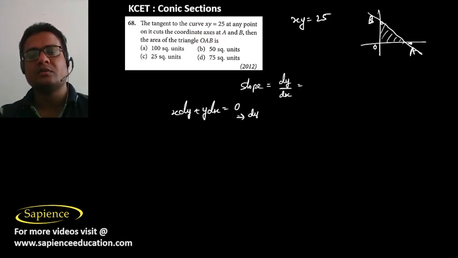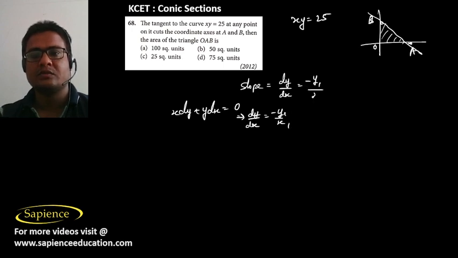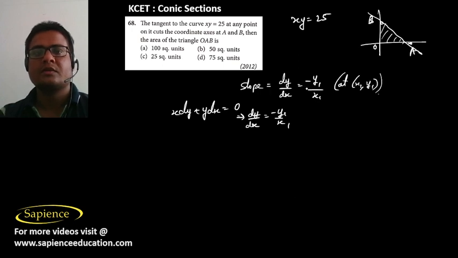So therefore dy by dx is equal to minus y by x. It means it is minus y1 by x1 at the point (x1, y1). So the tangent at any point will cut the coordinate axes. The hyperbola is somewhat like this.